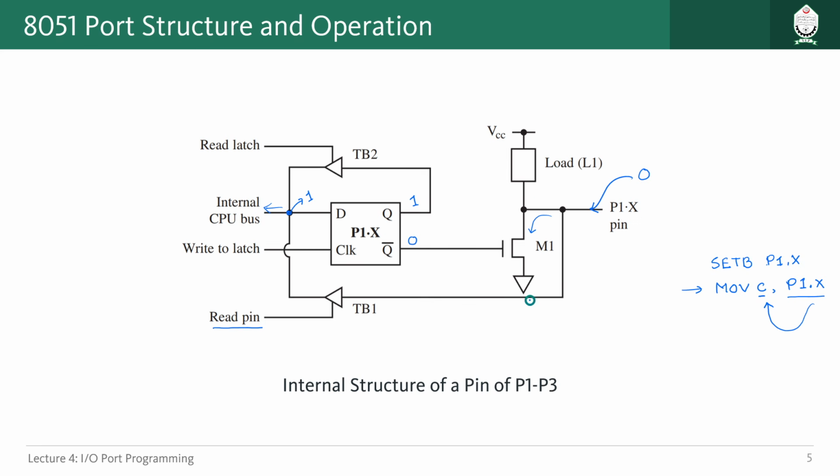Current will flow through this path, but we know the tri-state buffer will isolate the output from the input. So if this command is given, read pin will be activated, activating this tri-state buffer, and that 0 signal will come through this path to the internal CPU bus, go to our CPU, and be stored onto our carry bit, right? So in this way, this thing works.